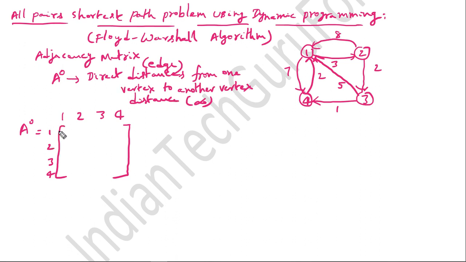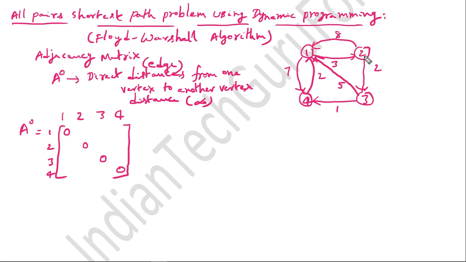From 1 to 1, there is no direct edge, and we know that from a vertex to the same vertex the distance is always 0. So from 1 to 1 it is 0, from 2 to 2 it is 0, from 3 to 3 the distance is 0, from 4 to 4 the distance is 0. So this is fixed.